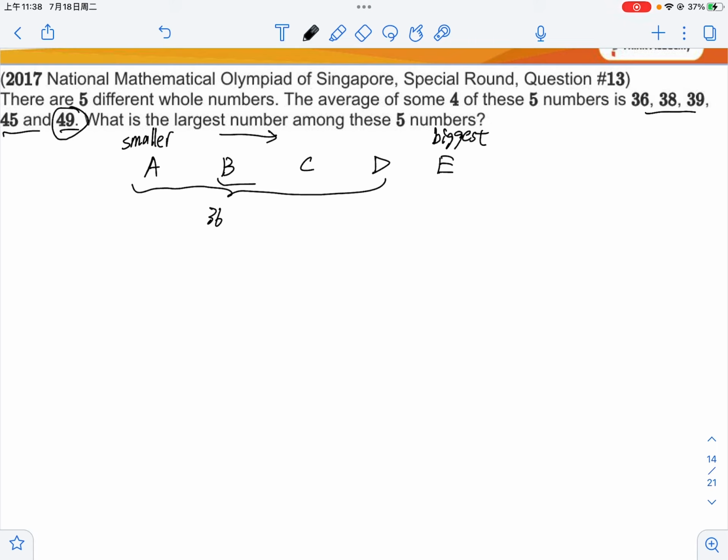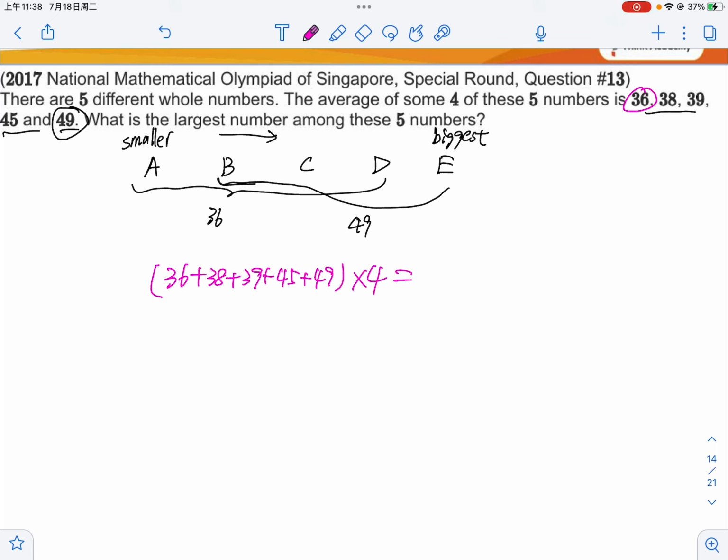How can we get the biggest average number? It's just to calculate B, C, D, E. The average number is 49. That's why we have from 36 to 49. And you can write down here 36 plus 38 plus 39 plus 45 plus 49 and times 4. What's that value?